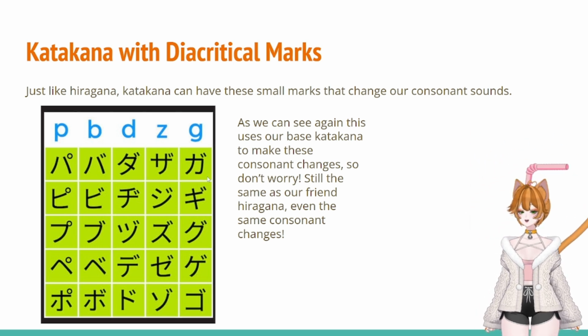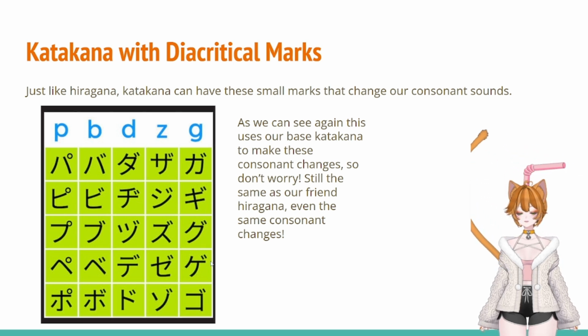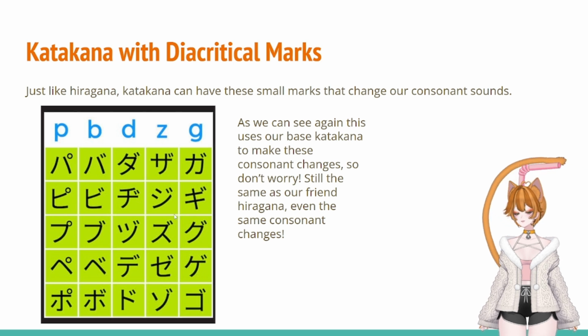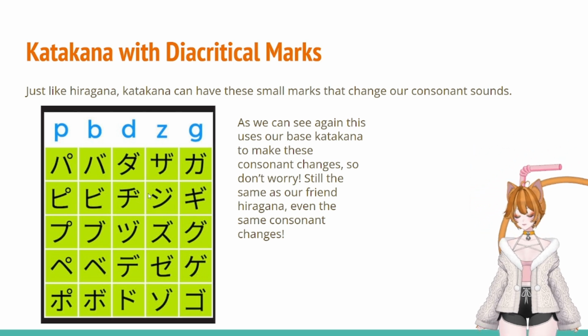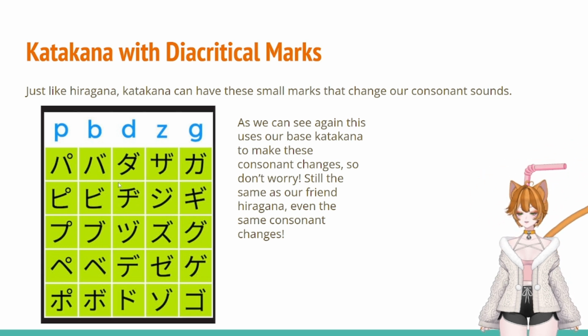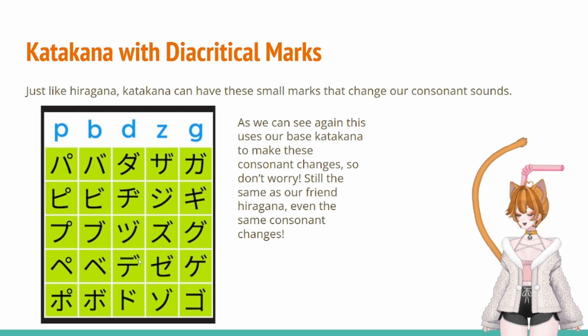So we have ga, gi, gu, ge, go, za, and as we remember from our hiragana, this is ji, not zi. This is ji, zu, ze, zo, da. Again, remembering chi goes to ji. Tsu goes to zu, as we remember from last time as well.